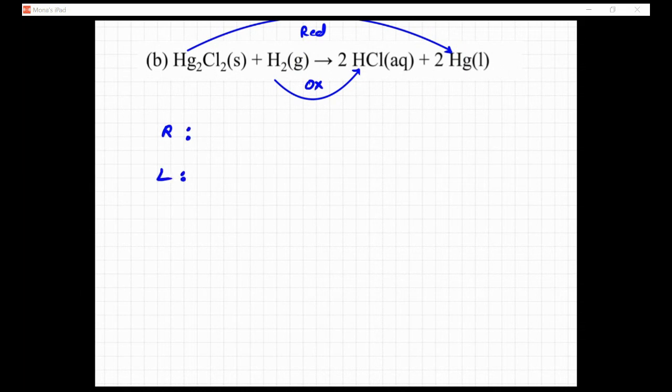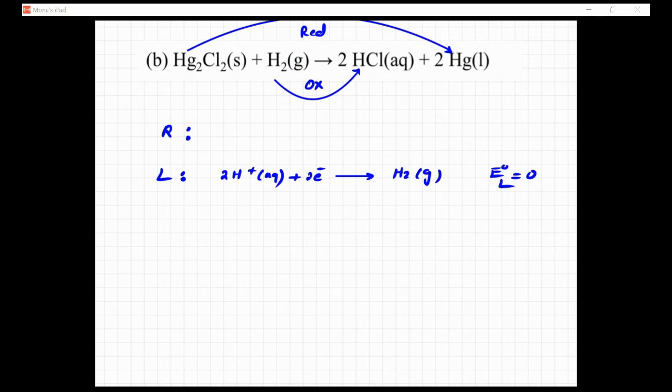The left is 2H plus 2 electrons, giving H2 gas, and this standard potential E here is equal to 0. This is for the left. This is of course aqueous here.